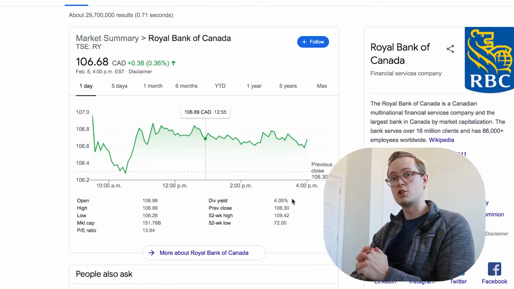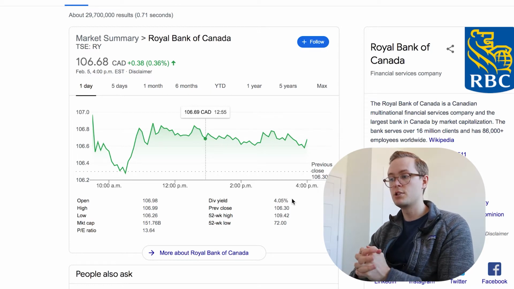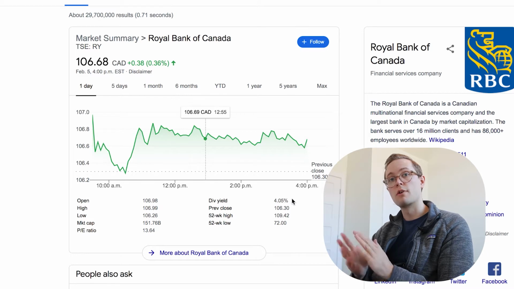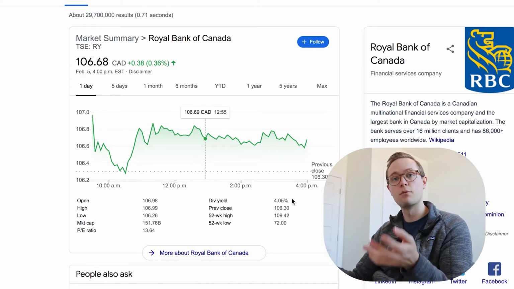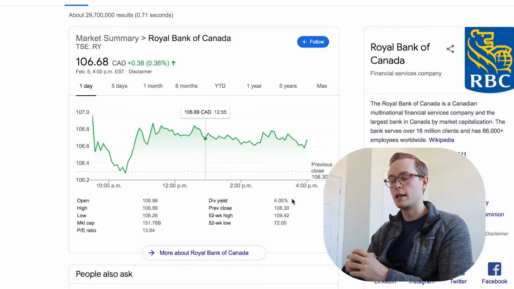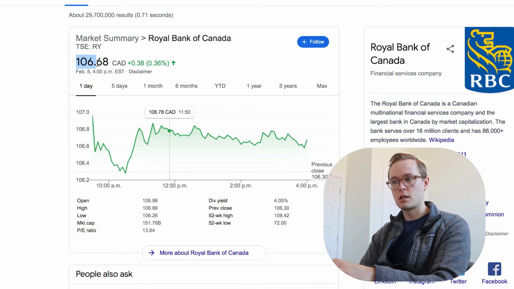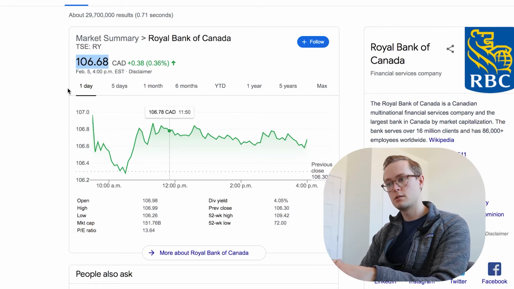Let's next look at dividend yield. Dividend yield is shown as a percentage. This percentage is essentially the dividend you would receive over a year from owning the stock. I've talked about dividends before, but say you owned one of these $106.68 RBC stocks, and it has a dividend yield of 4.05%.